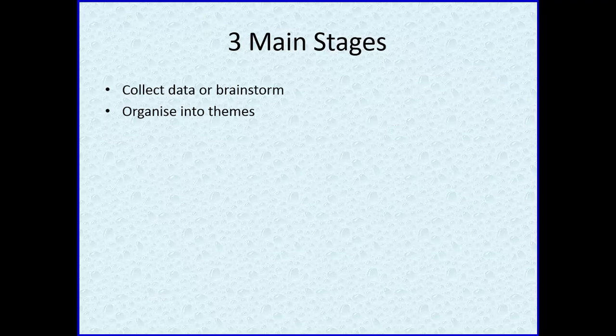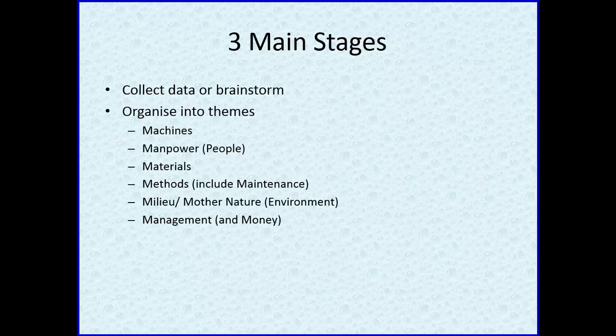I prefer to use the themes identified by the 5 M's, although I've extended this list to 6 M's. My preferred themes are machines, manpower or people, materials, methods, and I include maintenance into that list, Mother Nature or the environment, and management. Once I have the grouped causes, I put them onto an Ishikawa diagram.